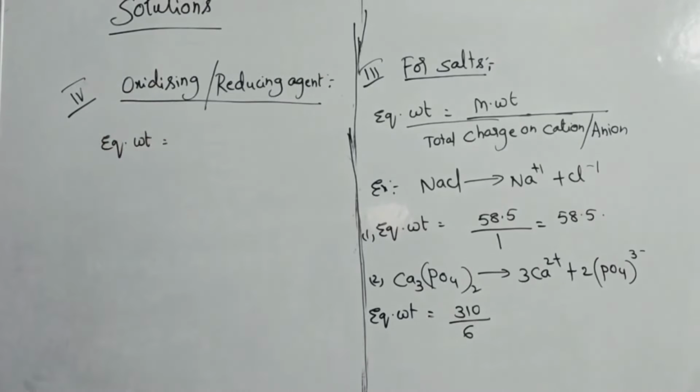Next, question number 5. 3 grams of a salt of molecular weight 30 is dissolved in 250 grams of water.